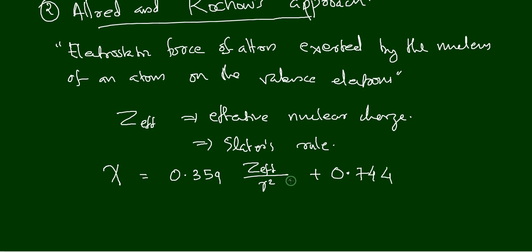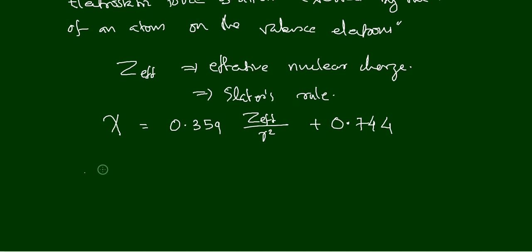Okay, this is the Allred and Rochow's equation for electronegativity, where R is the covalent radius of the atom, and this is expressed in angstrom units.